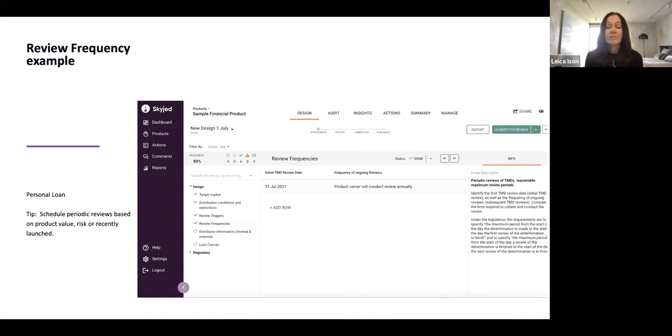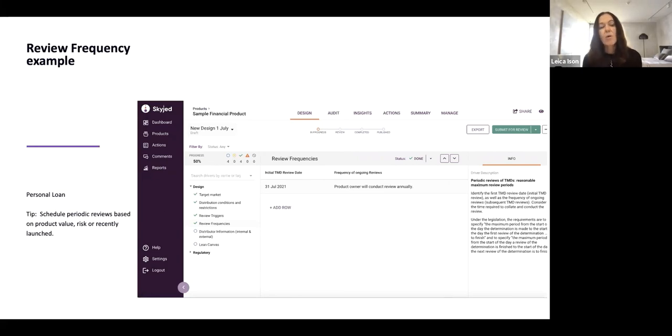So the first tip here in terms of setting those ongoing reviews, you're really busy, you've got a lot going on. It's in terms of setting those reviews, not all products are equal. So when we think about setting those review frequencies, I always like to first of all start with the product value, because that's important if it's a strategic product for your business.